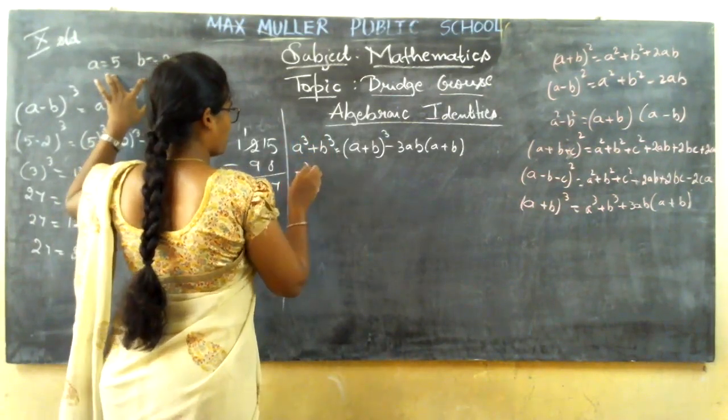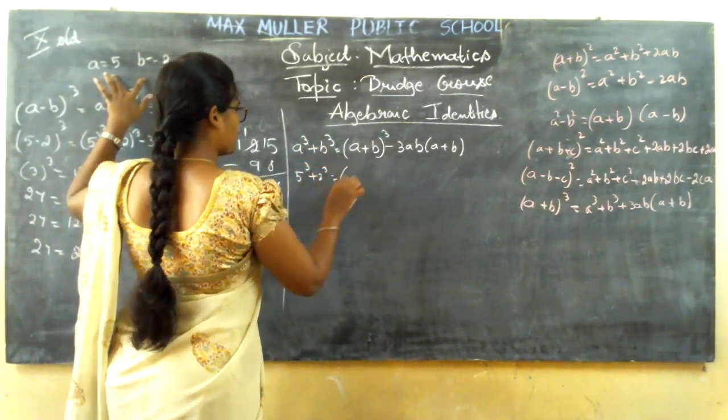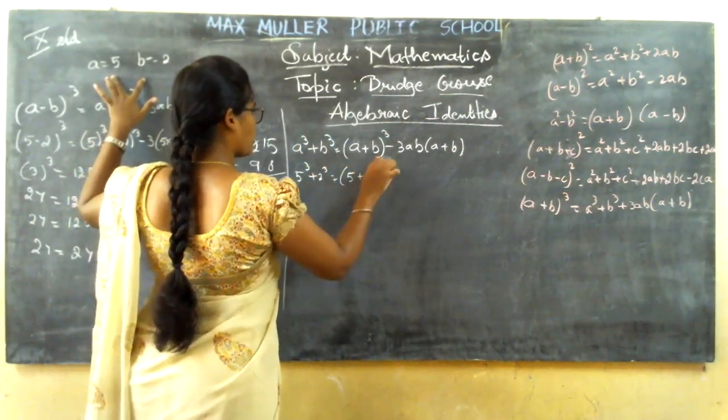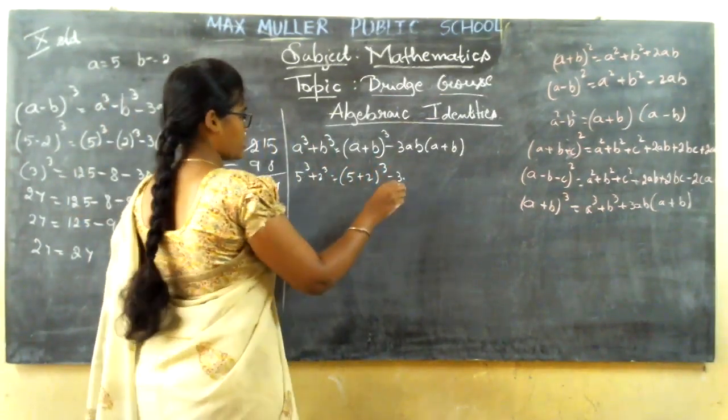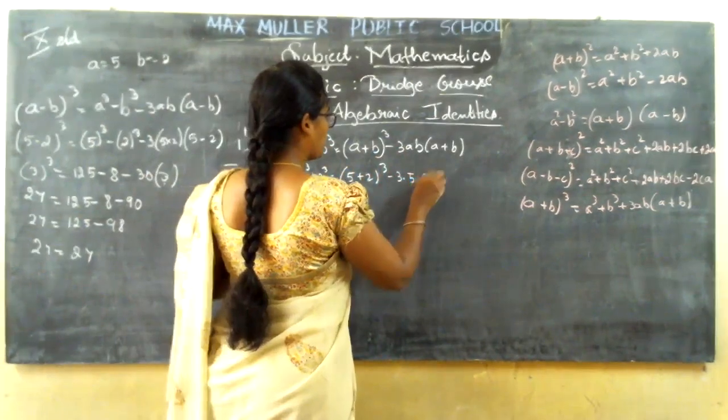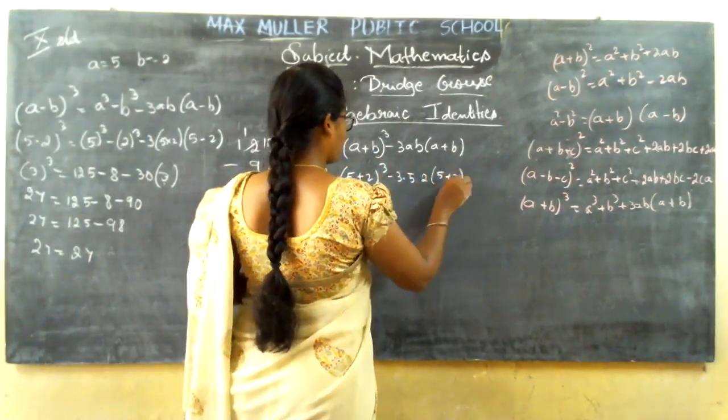Now you have the a and b values. It is 5 cube plus 2 cube is equal to 5 plus 2 the whole cube minus 3 into 5 into 2 into 5 plus 2. Correct?